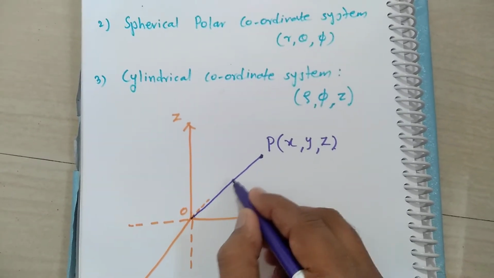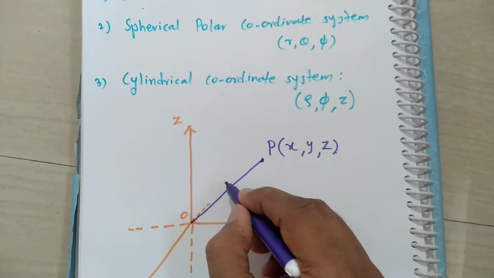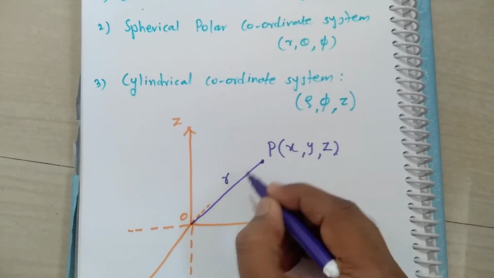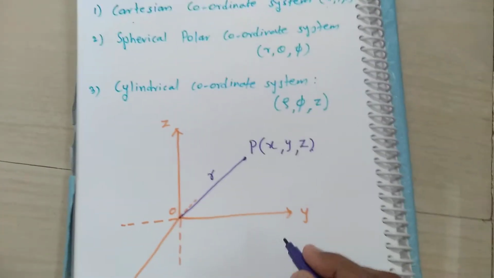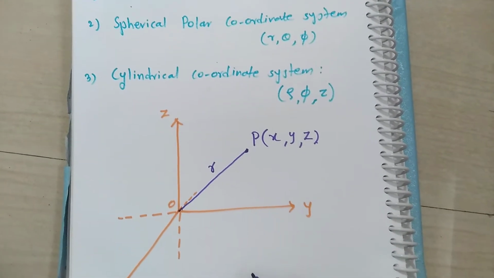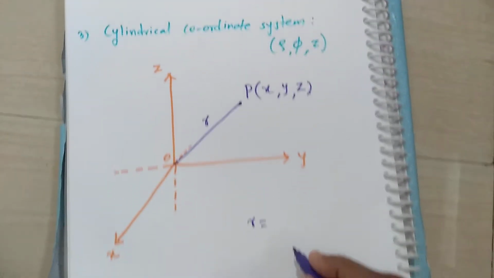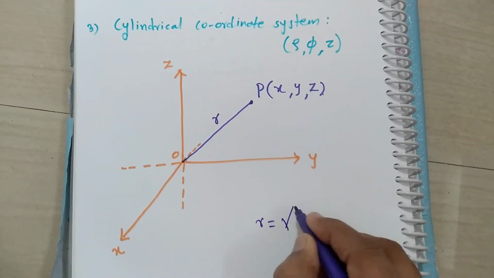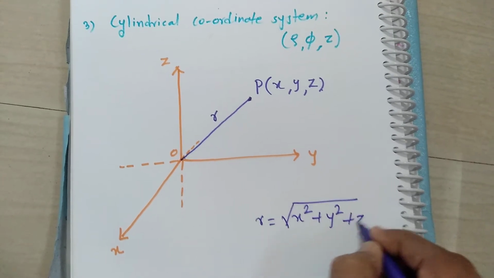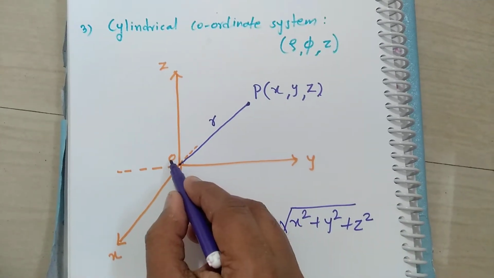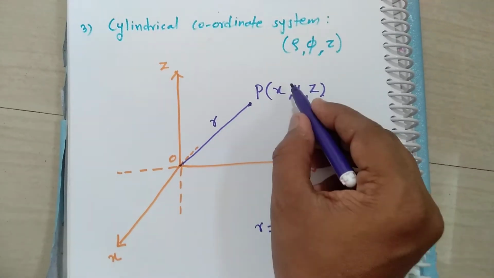Now if you join this point to the origin, you will get a radius vector, and this distance OP is the spherical polar coordinate r. And what is distance OP? You can use the distance formula: r is equal to under root x square plus y square plus z square. The coordinate of point O is 0, 0, 0, the origin, and P is x, y, z.